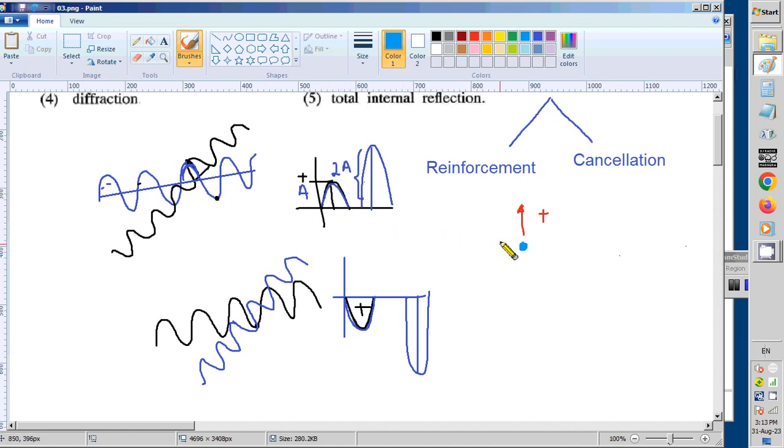That means this water particle is pushed in the positive direction by the black wave, and also pushed in the positive direction by the blue wave. Therefore the resultant is higher, a big force is acting, and we get reinforcement like this.